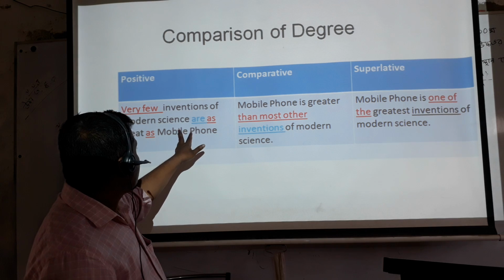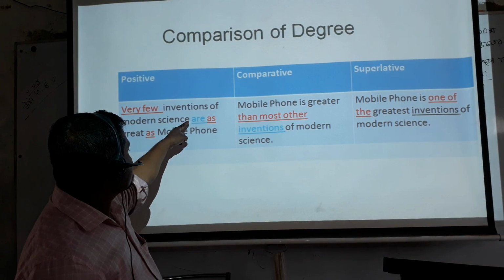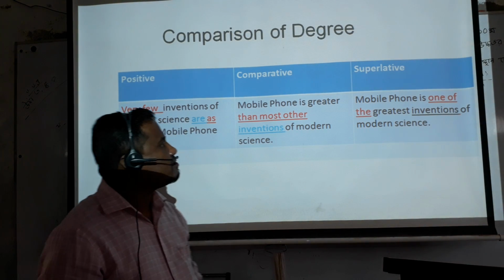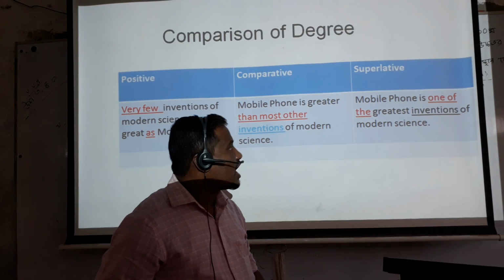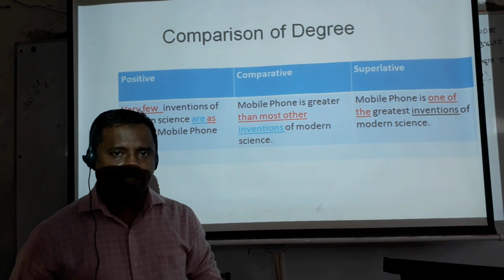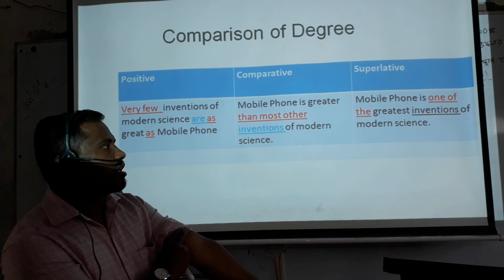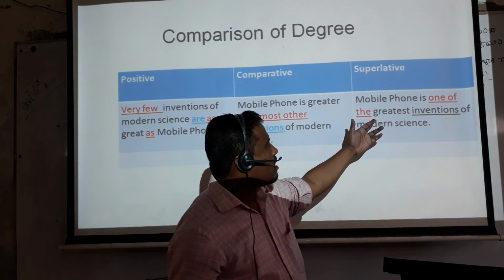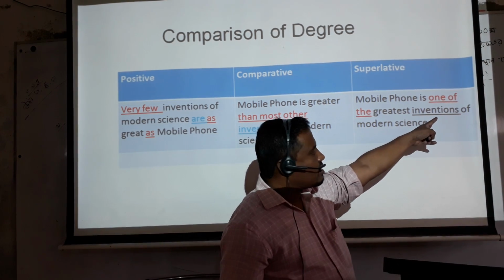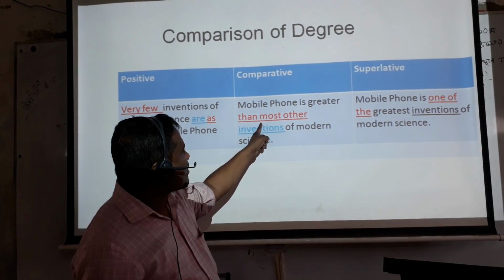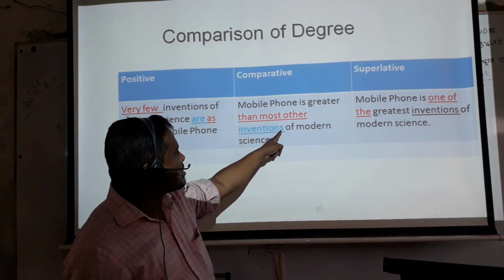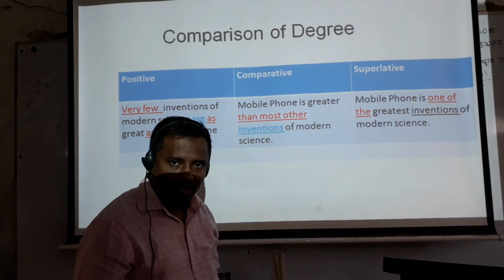And then the rest of the words before the verb, inventions of modern science. So the answer is mobile phone is one of the greatest inventions of modern science. You have to remember one thing, after one of the the noun is always plural, inventions. The same way, after than most other, the noun is inventions, not invention.